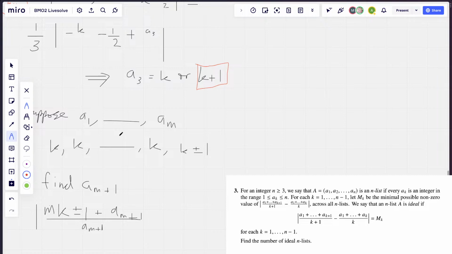Because we have 2 choices here for +1, -1, we have 2 choices here, and there's n-2 middle ones. And then for the end one, we only have 1 possibility here. And that means we also only have 1 possibility here. Oh no, we still have 2 possibilities, yeah, for the end one and the start one. So then plus 2 times 2. Yeah, 4 times n-1. And we claim that works.